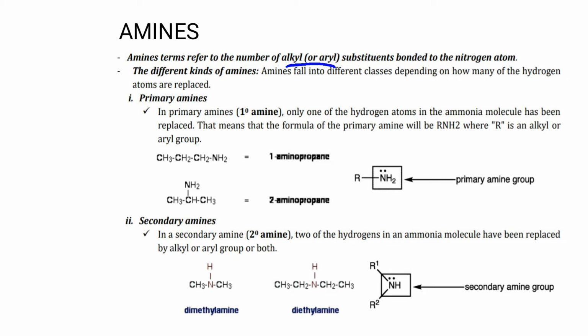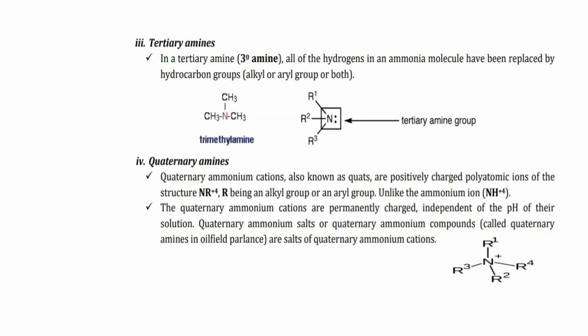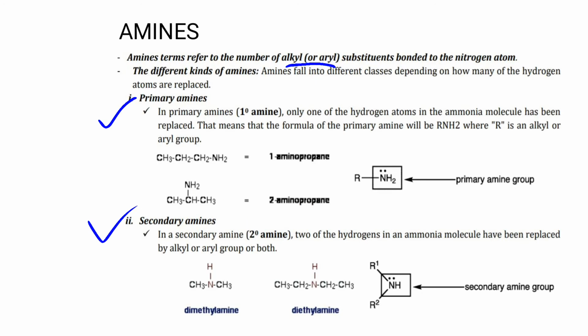This is the classification of amines. There are four types: primary, secondary, tertiary and quaternary amines.